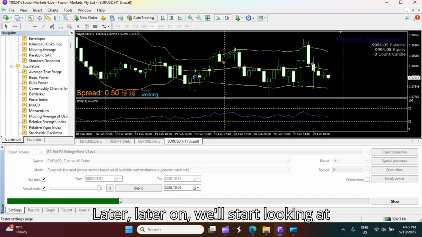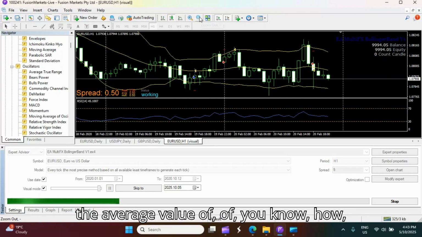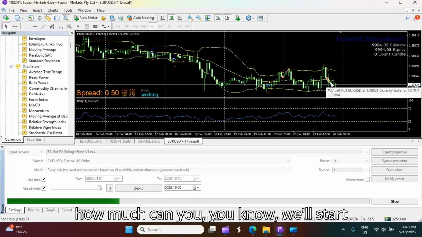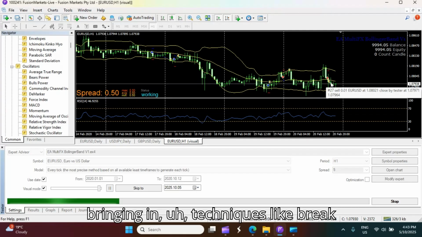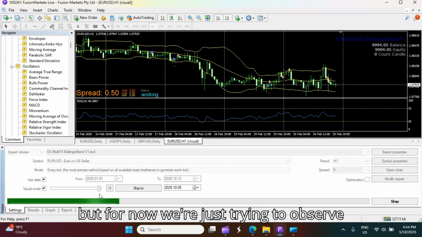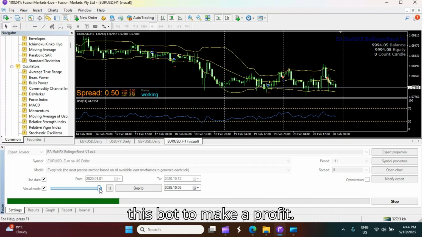Later on, we start looking at risk management, the average value, and how we can start bringing in techniques like break-even points and trailing profits and all that sort of stuff to maximize profits. But for now, we're just trying to observe what other instruments we can bring into this bot to make a profit.